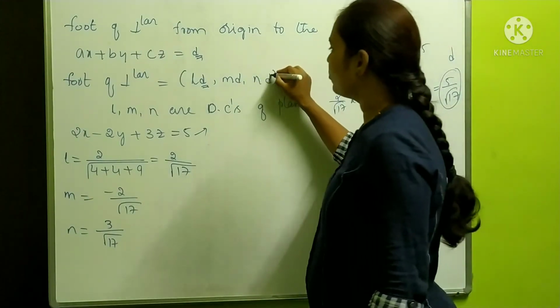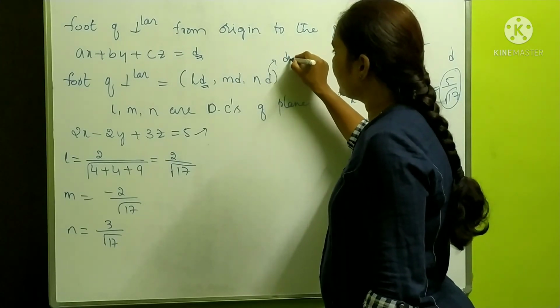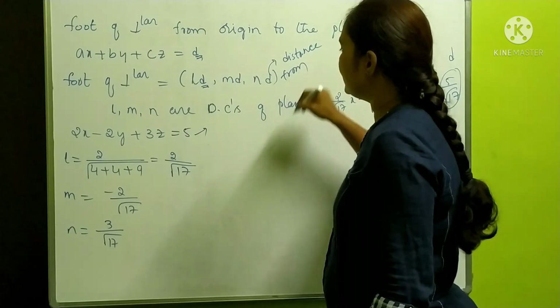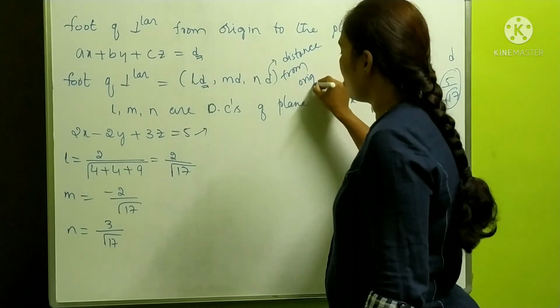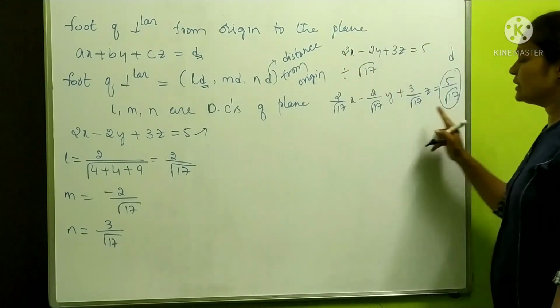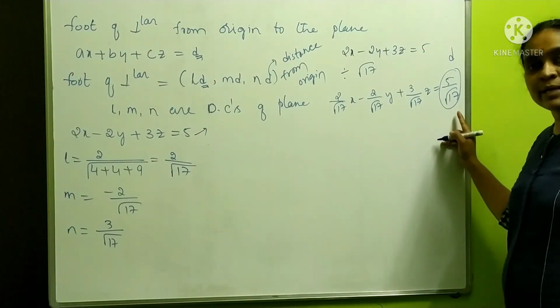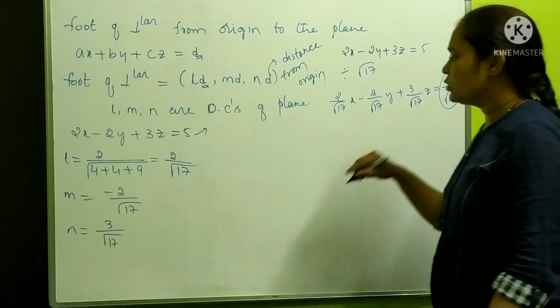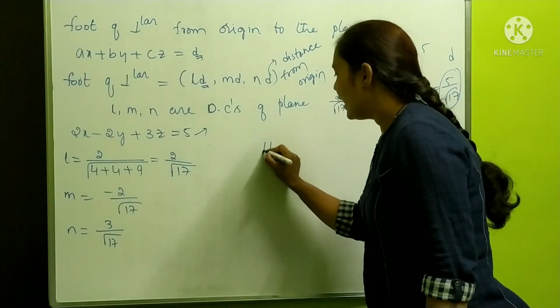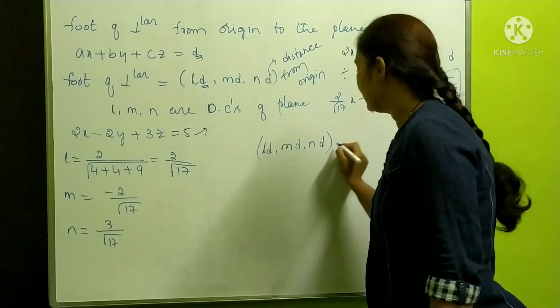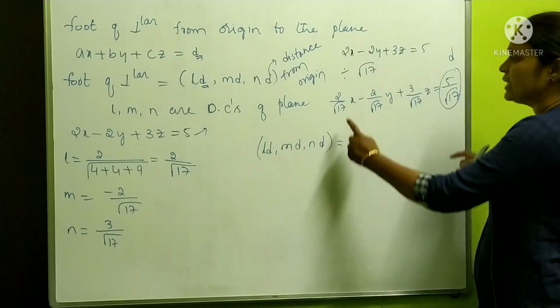What is d here? D is nothing but distance from origin. So now this is Lx, My, Nz. Therefore it is going to become distance from origin. So according to the formula, LD, MD, ND, this is equal to how much it will be?